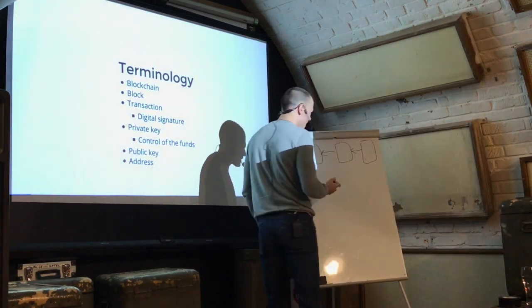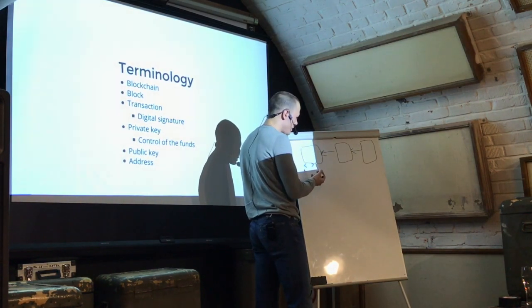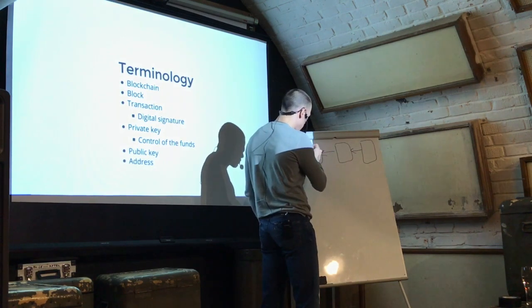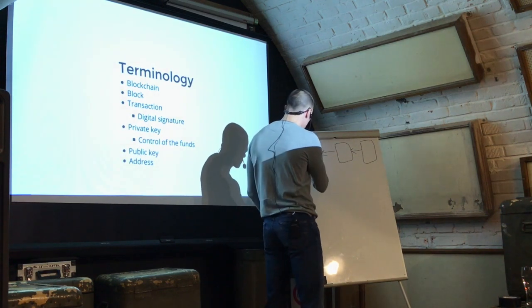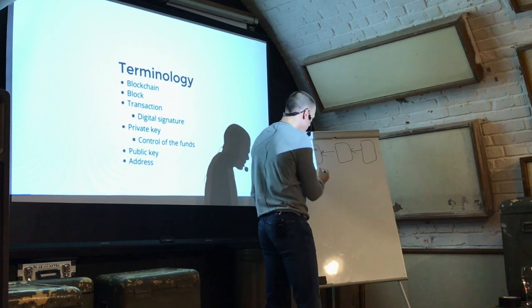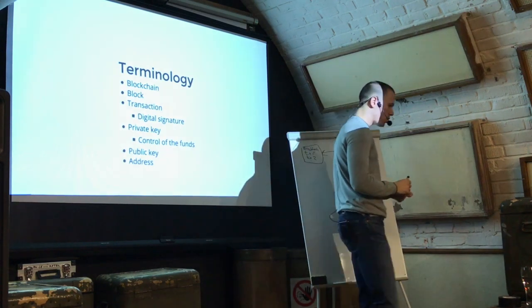So in order to explain, a block is the container for the transactions. So each block is identified by its block hash. This is just, let's write it down. And this block contains multiple transactions. And so on. So what is a transaction?